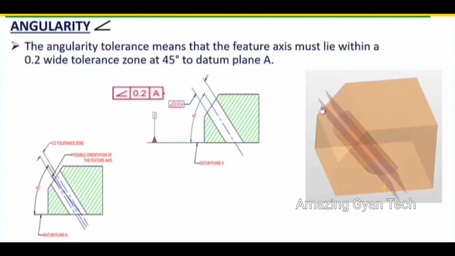The distance between the two parallel planes we have selected for controlling should be 0.2. So your hole axis can lie anywhere between these two planes. That is what is shown in this figure. Two parallel planes have been created, and the axis of your hole can vary from here to here. The distance between these two is 0.2.